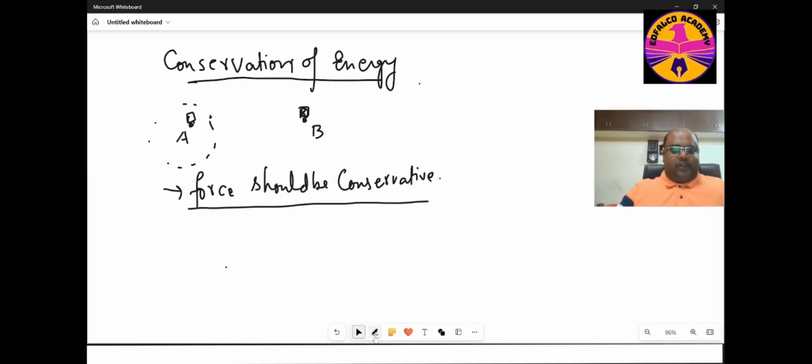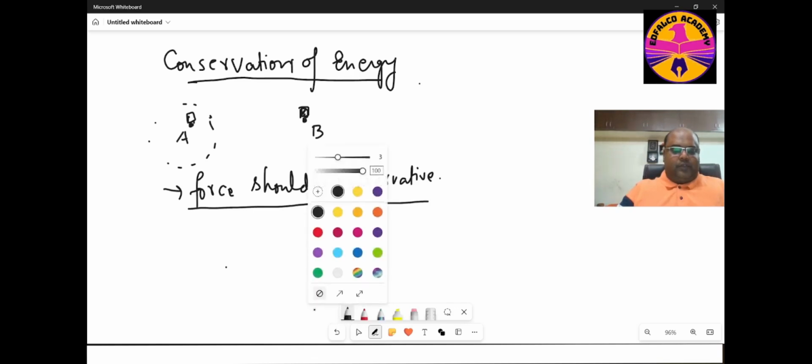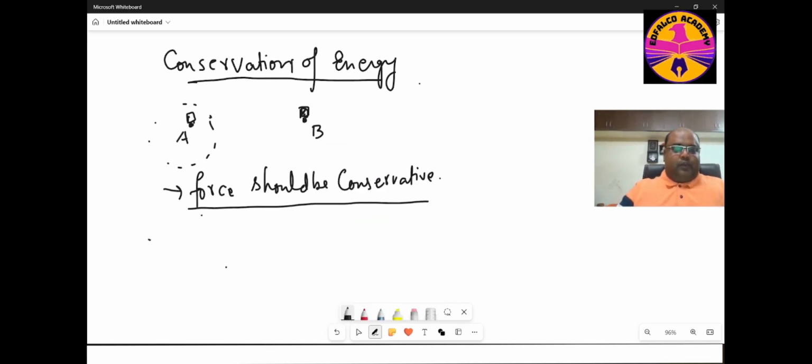Now, what is the meaning of the force being conservative? If the force applied is conservative, the body under its influence is not going to change its energy if it comes back to the original position. Obviously, it can change energy if it is going from, let's say, A to B or B to C. But when it returns back to A, the net energy is not going to change. Therefore, at the point A, the energy is conserved.